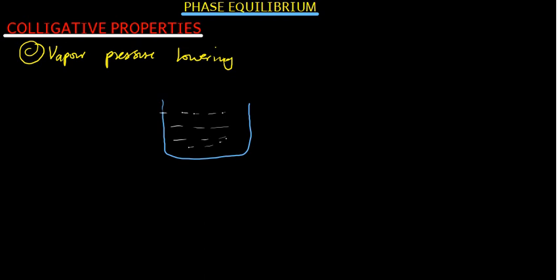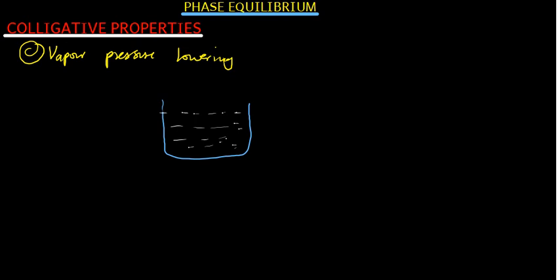Now, just like we looked at boiling point being increased when you add a solute to a solvent. A solute can be a salt, sugar, or anything that you've added. The boiling point increases. That means it becomes very difficult for you to convert that liquid into a gas. Now, vapor pressure lowering, vapor pressure is the tendency of a material to change into vapor.